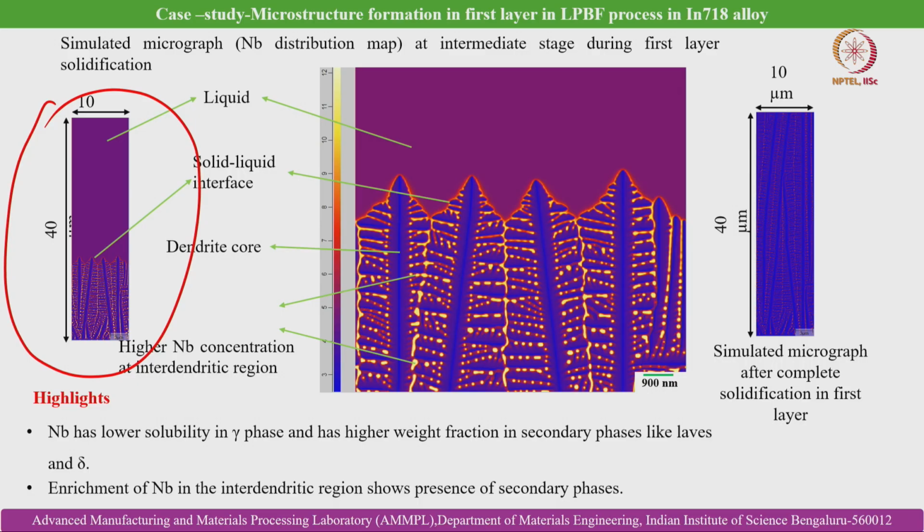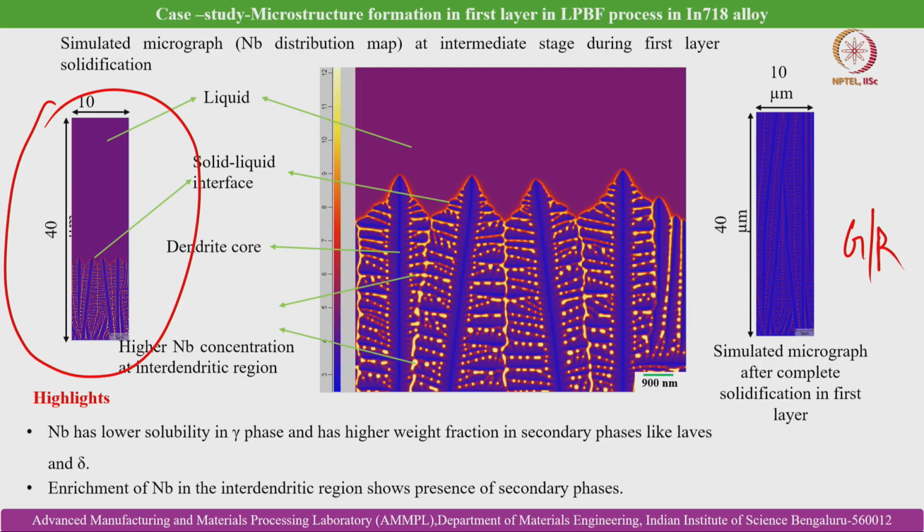Why niobium? Because niobium gets segregated into the interdendritic spaces because of the evolution of the gamma dendrites. As we have discussed several times earlier, the morphology of the evolving dendrites depends on the G by R ratio, that means thermal gradient divided by the solidification front growth velocity.